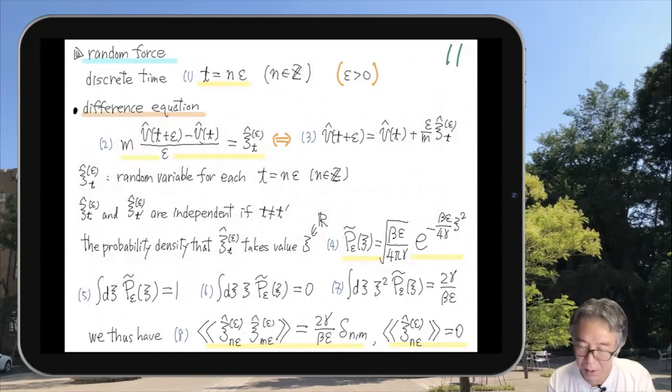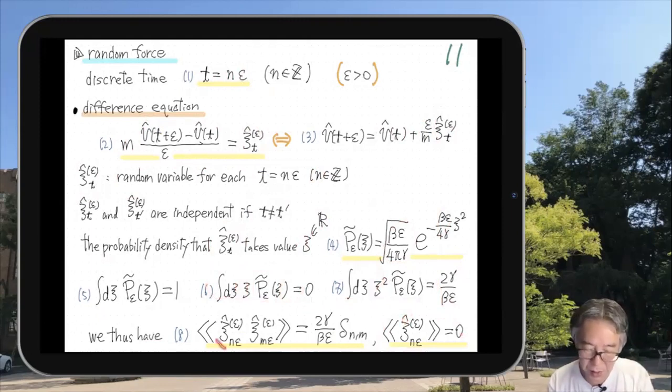This is just the basic property of the Gaussian integral. It is normalized, and the moment of psi is of course 0 because everything is an odd function, and the other integration can be easily obtained by integration by parts. So you get this. From this, you see that the average of this random quantity psi is 0.